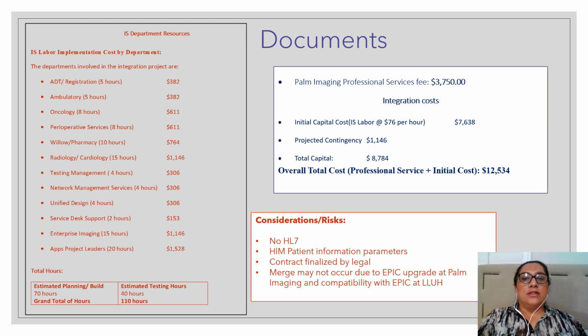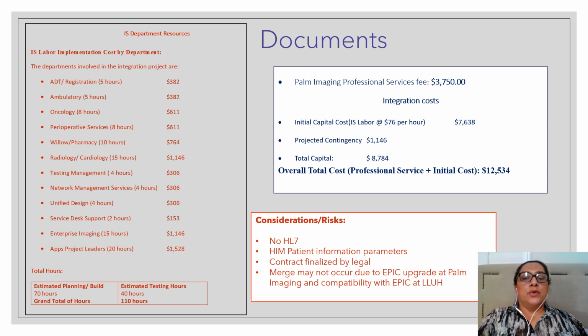Careful considerations and risks should be considered because at this point there's no need for HL7. There should be established parameters for what type of patient information will be used to trigger the data to be transferred from Sachs to Palm Imaging and vice versa. And that is deemed by the HIM department.